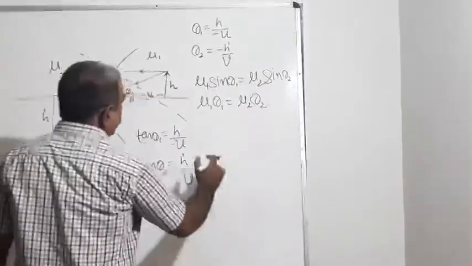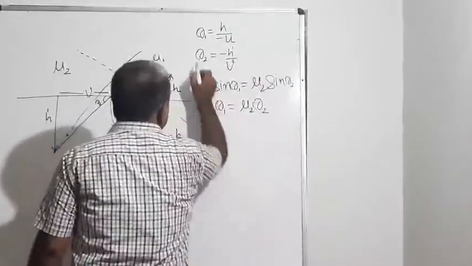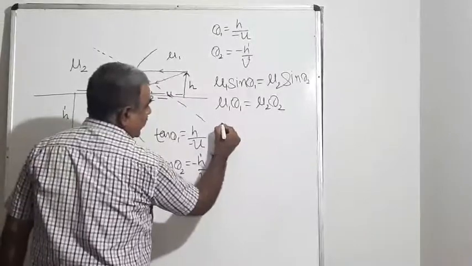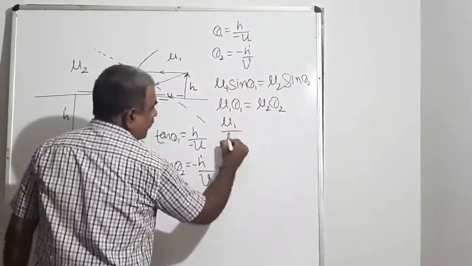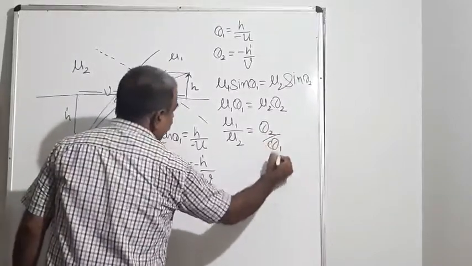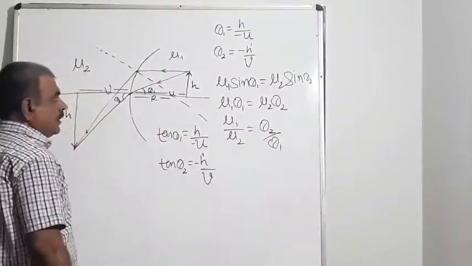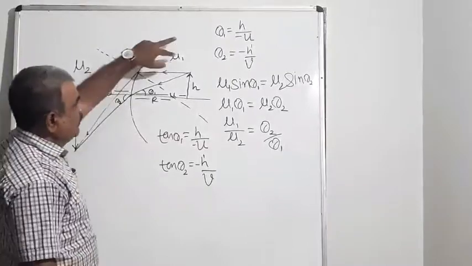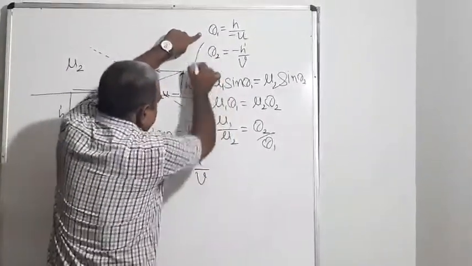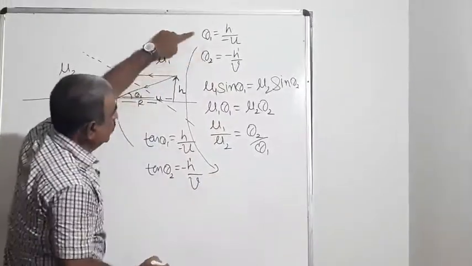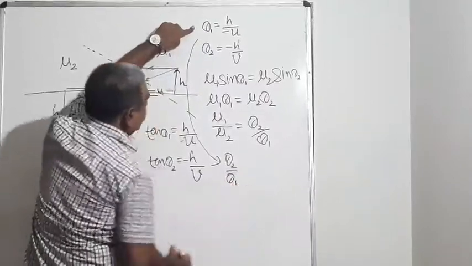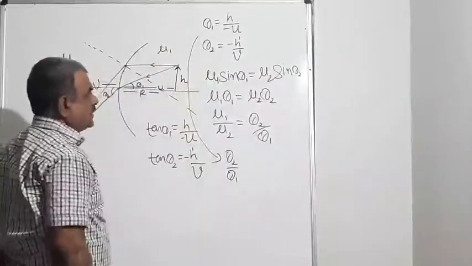So from these two equations as well as these two equations, here what we are getting, mu1 by mu2 is equal to theta 2 by theta 1. At the same time, if you take the ratio of these two equations, theta 2 by theta 1 over here, for this one theta 2 by theta 1, minus minus cut out.